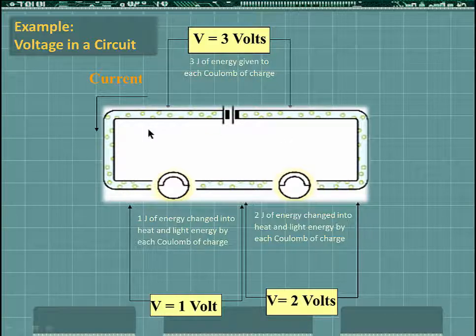The analogy would be, as we go down the sled hill, if we were up 3 stories at the top, as we come around the hill, we drop 1 story, and we're going to drop 2 stories across that last hill. That would be our light bulb, to get us back to the bottom. And then we'd have to run up the hill again or take a ski lift, which in our analogy would be the battery.